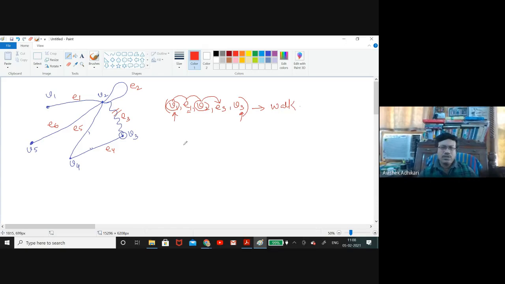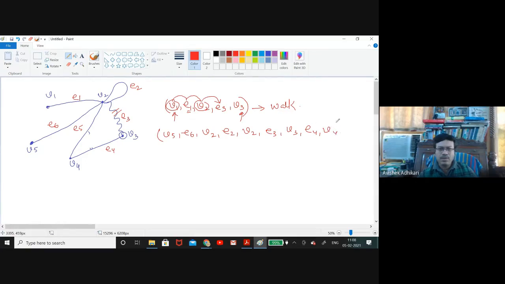You may have some bigger walk. For example, you may start from vertex V5, then E6, then you must go to V2, then you may take E2, then you may again come to V2, then you may go through E3 to V3, then E4 and come to V4.